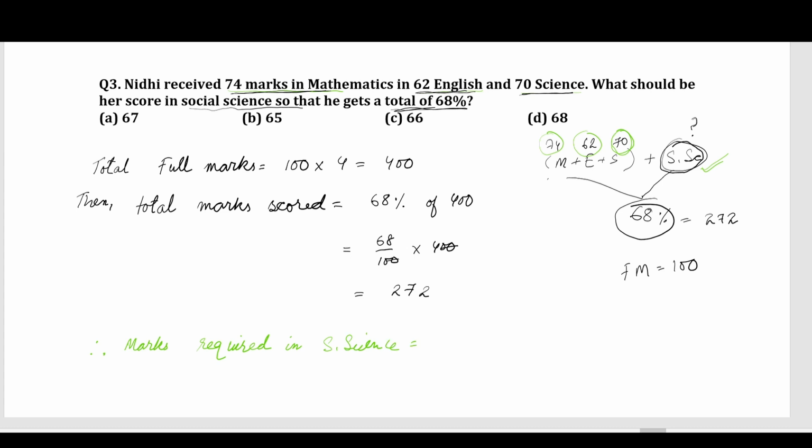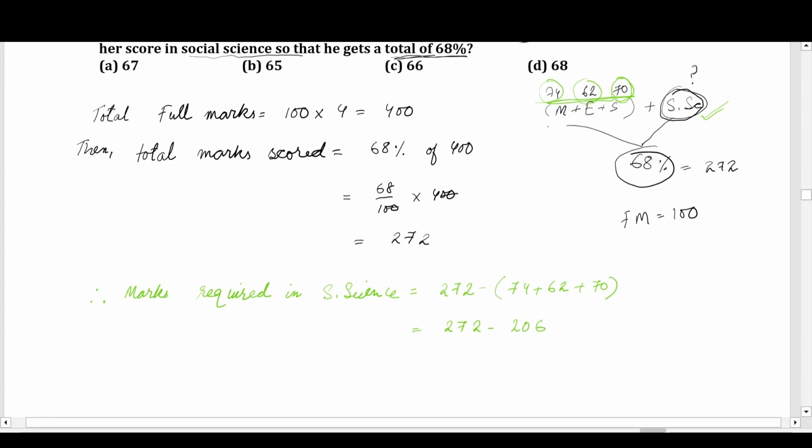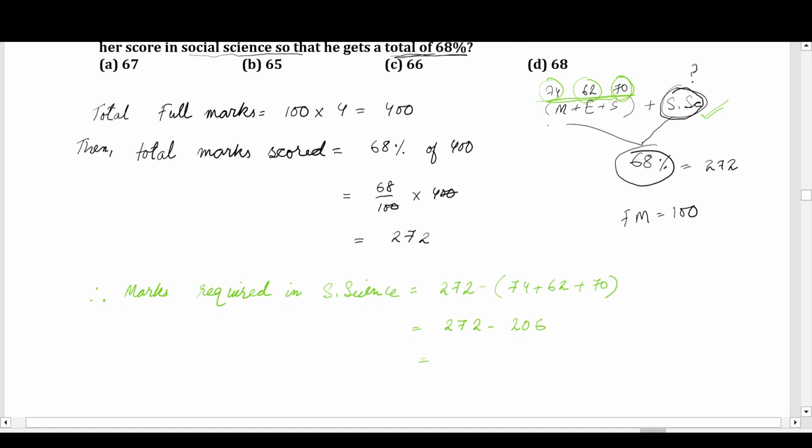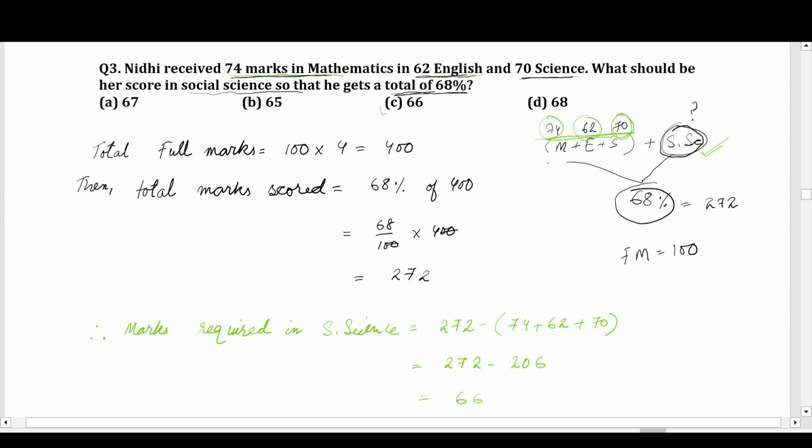The total score is 272. From this we subtract the other three subjects: 272 minus 74 plus 62 plus 70, which is 206. 272 minus 206 is 66 marks. So social science is 66, option C.